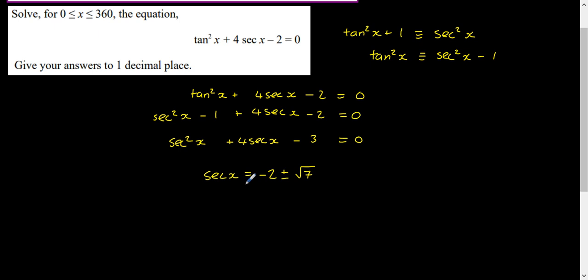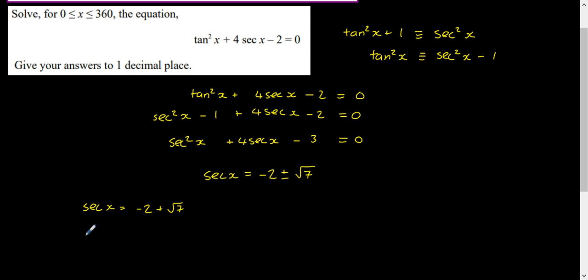So now that we've got two answers, one with a plus and one with a minus, we solve both of these separately. So if we have sec x is -2 plus √7, a quick check on the calculator just to see what that actually is, because we're wary when we solve trig equations. -2 plus √7 is 0.65, okay?